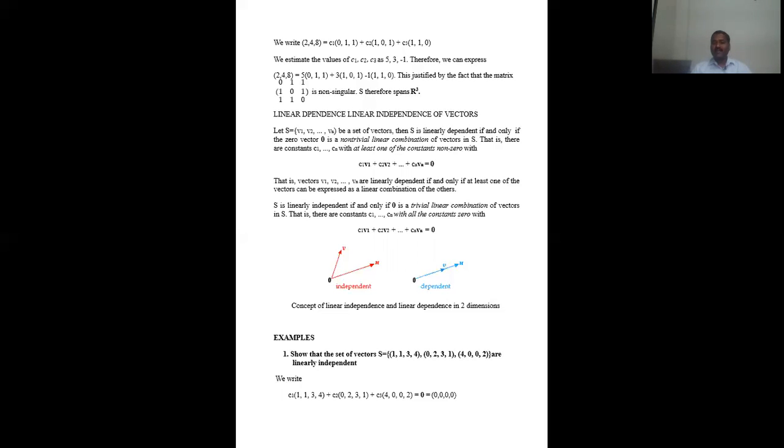If you can find at least one constant which is non-zero, but still the linear combination is zero, then they are said to be linearly dependent.